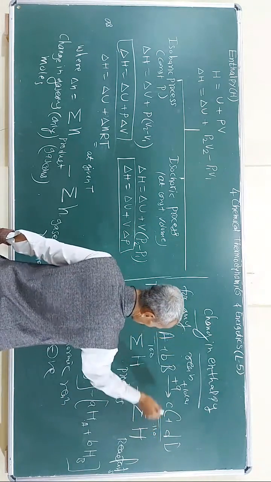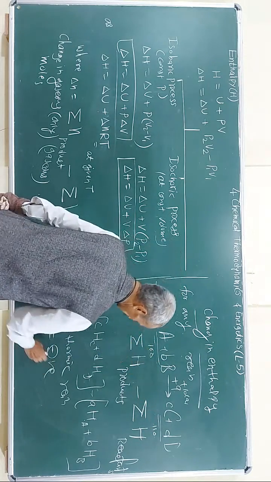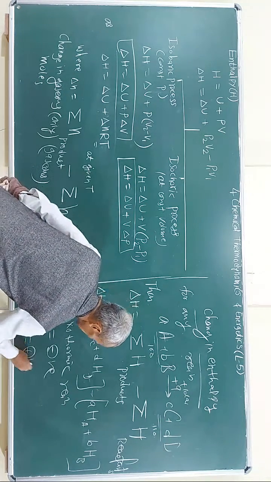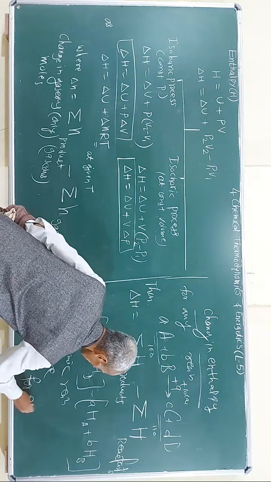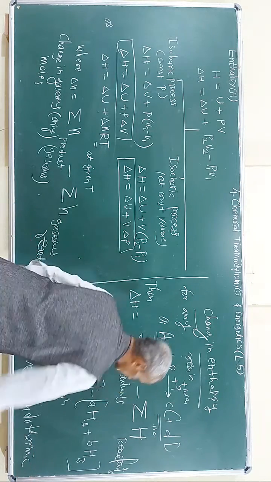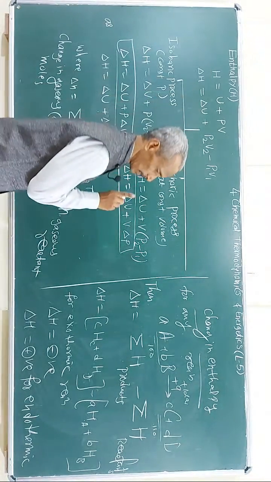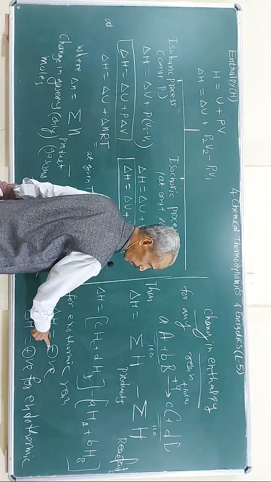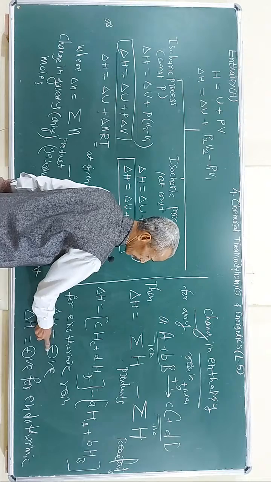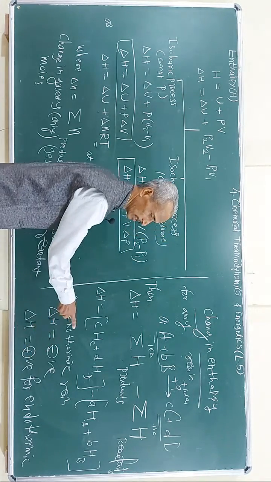Product enthalpy minus reactant enthalpy, 110 minus 100, becomes a positive value. Delta H is positive for an endothermic reaction or endothermic process. If delta H is negative for a given reaction, it is no doubt exothermic in nature. And if delta H is found to be positive, the reaction must be endothermic.